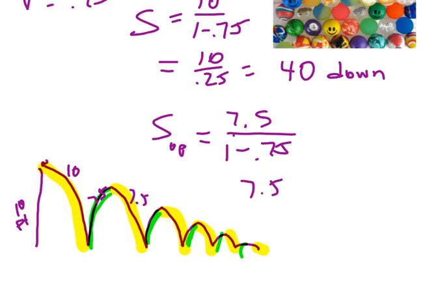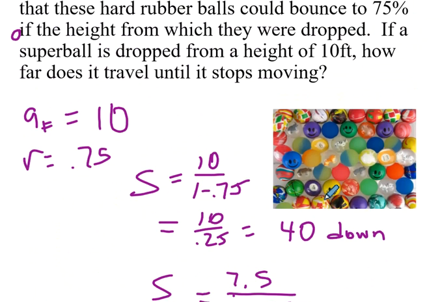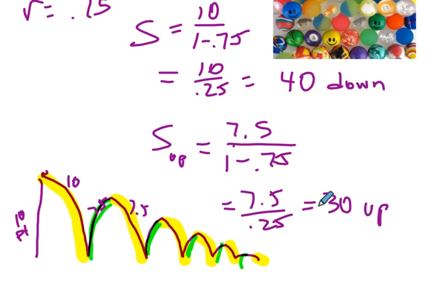So 7.5 over 0.25 comes out as 30. So the ball is actually headed 40 feet downward and 30 feet upward. So 40 feet and 30 feet is a total of 70 feet.